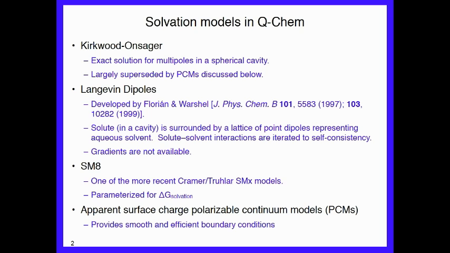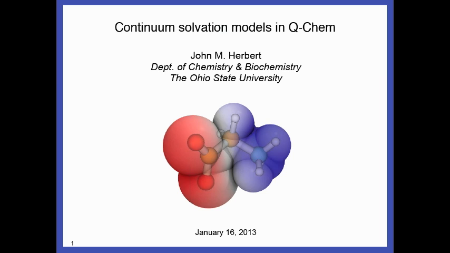And from my point of view, Kirkwood-Onsager methods have largely been superseded by some of the polarizable continuum models that I'll discuss later, where the cavity that defines the interface between the atomistic solute and the continuum dielectric solvent is allowed to be molecule shaped. You can get some idea of this from the picture that's on my title slide, where we have glycine centered in a cavity that's built from a union of atom-centered van der Waals spheres.